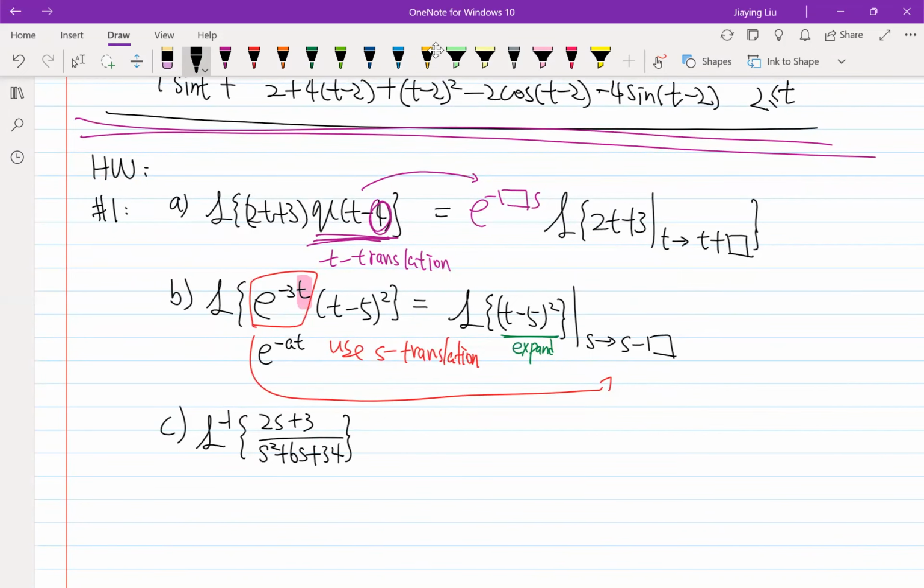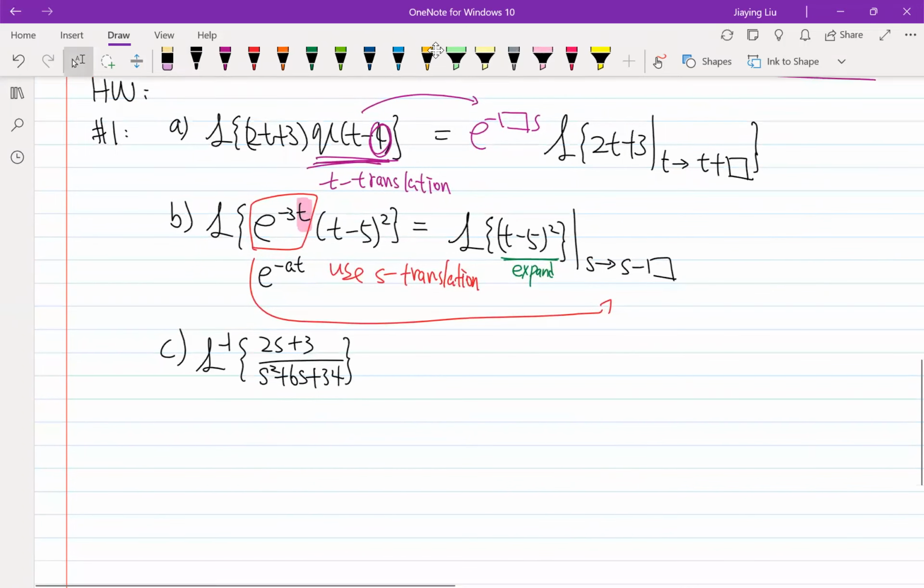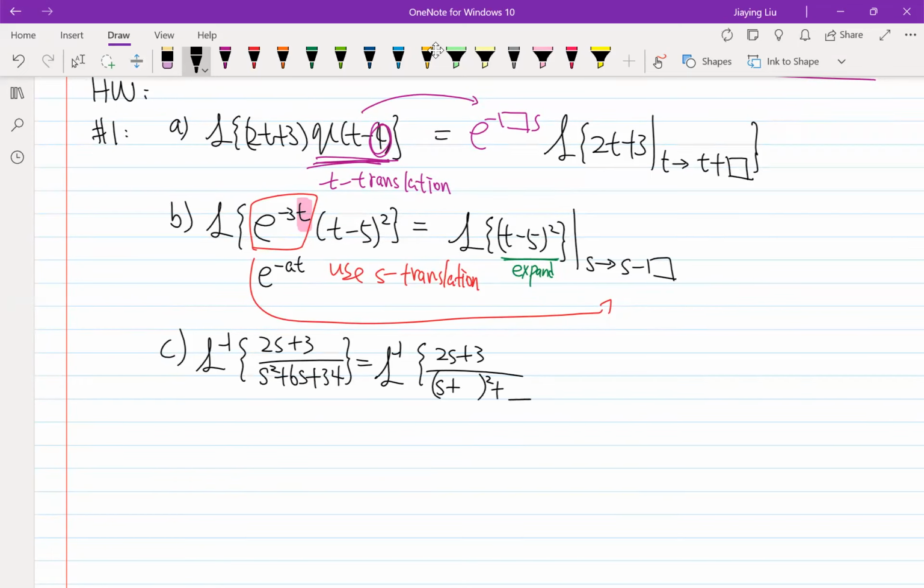In fact, it's not easy to find partial fractions here because it's already in the simple fraction form. So what we do in this problem is we convert the denominator by completing the square. So that becomes inverse Laplace of 2s plus 3, but the denominator, we're going to write it as s plus some number squared plus a remaining number.